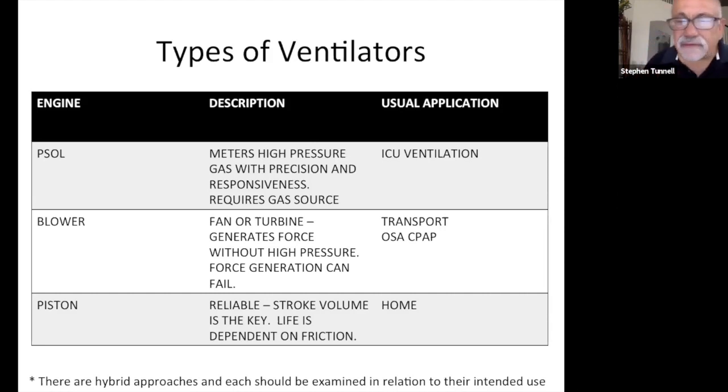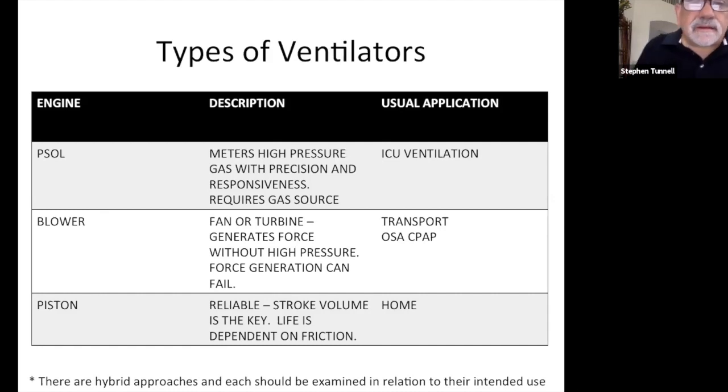So I've never heard of a ventilator costing $50,000. Just not true. So the high end of ventilators are proportional solenoids, and they run at about $30,000 a piece, and they're typically seen in the ICU.